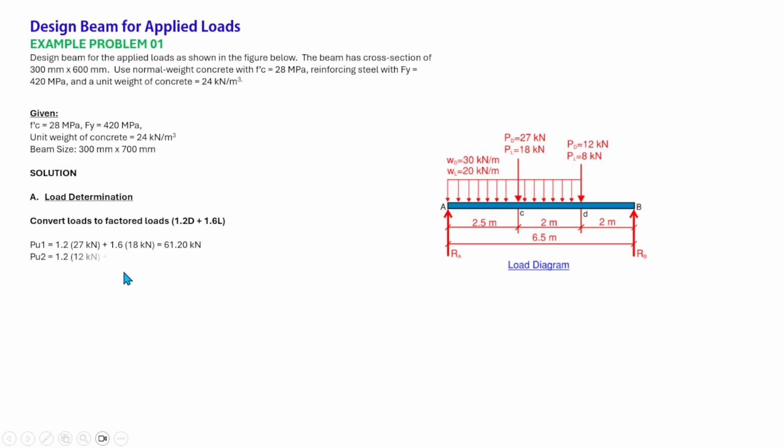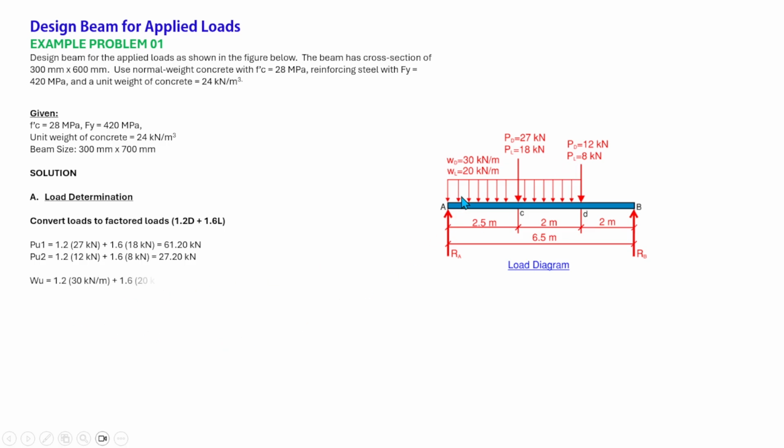For Pu2, which is this one here, that is equal to 1.2 times 12 kilonewton plus 1.6 times 8 kilonewton, which is equal to 27.2 kilonewtons. That is for the concentrated load.